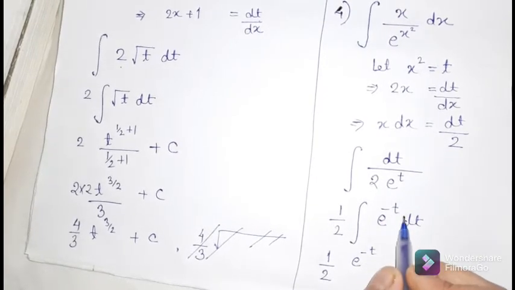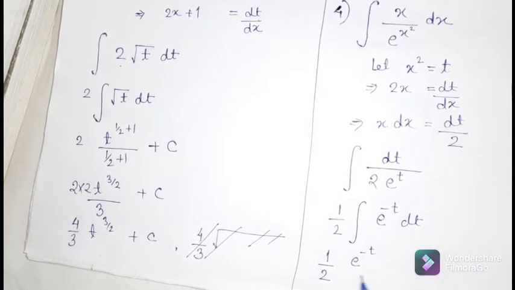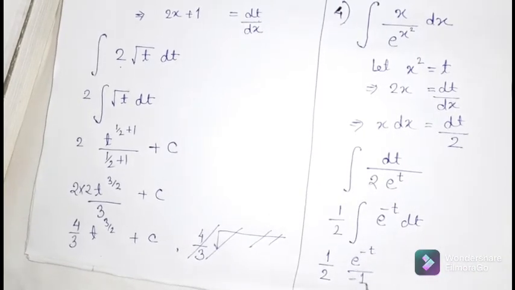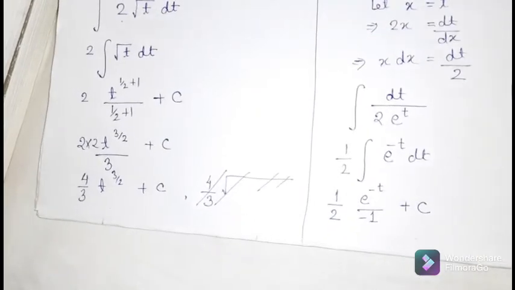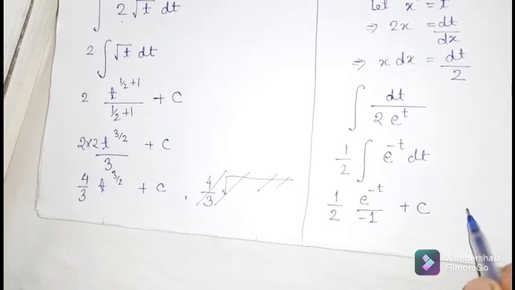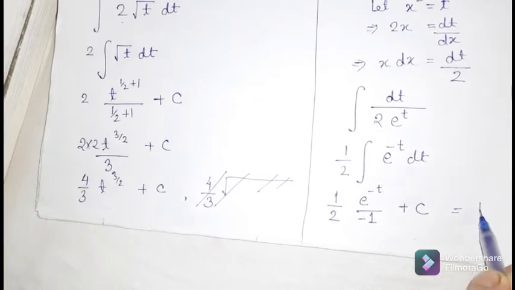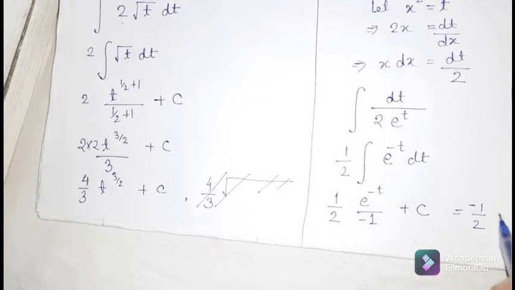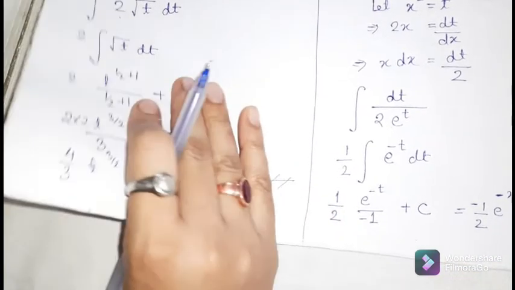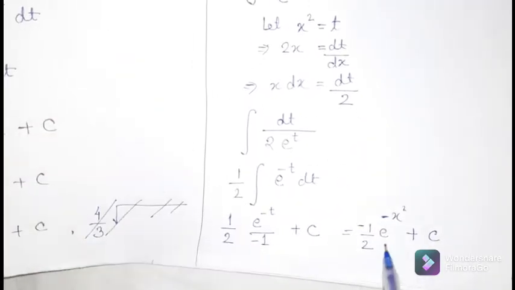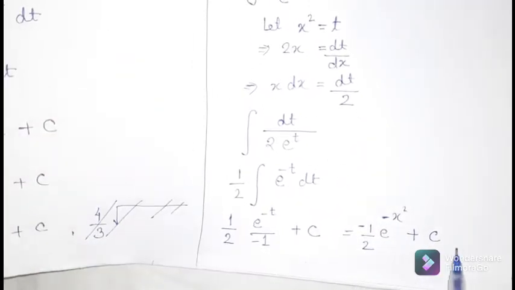So differentiation of minus t is minus 1, so we get minus 1 here plus c. Now at last we change it, so we get half into minus half e to the power minus t, where t is x square, plus c. So this is the result: minus half e to the power minus x square plus c.